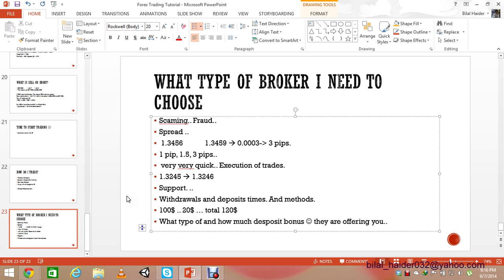Let's say you're investing $100 and they will give you like 10% bonus on that, so that you are trading with actually 110 bucks. And some companies offer more than that. So you need to also look at this thing.